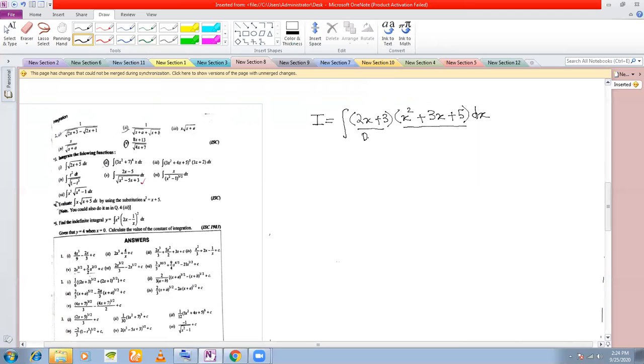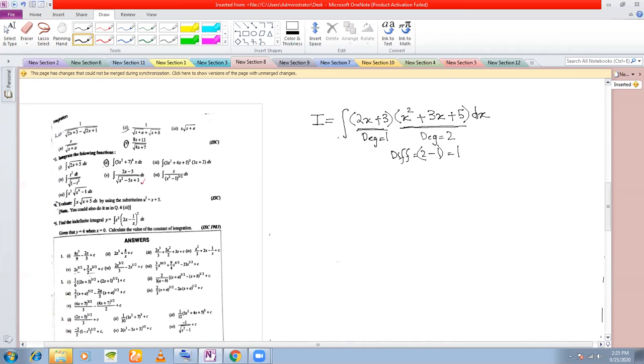What is the degree of this? Degree is 1. And what is the degree of this? 2, right? What is the difference? 2 minus 1, which is 1. You see that the degree of these two differ by 1, right?